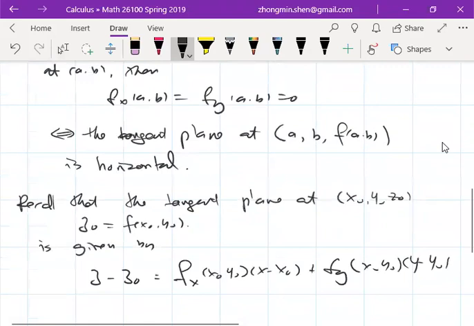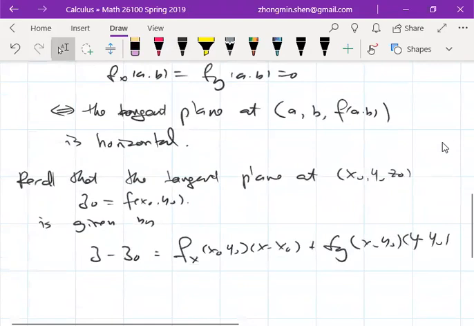So this is a plane, right? Horizontal means z equals z0. So that means these two coefficients must be 0. How do you describe a horizontal plane?